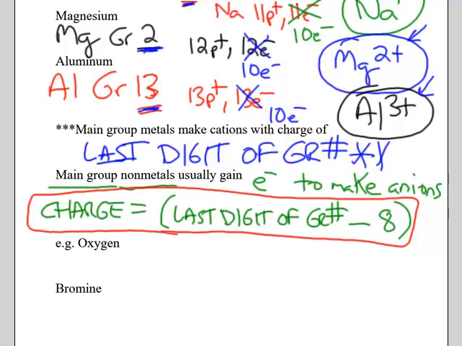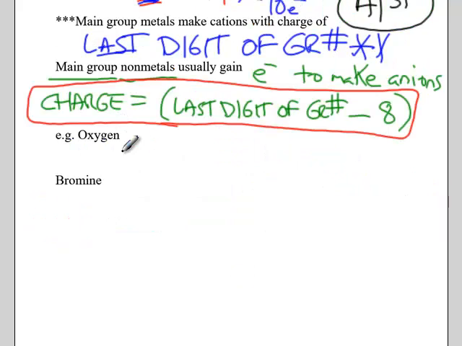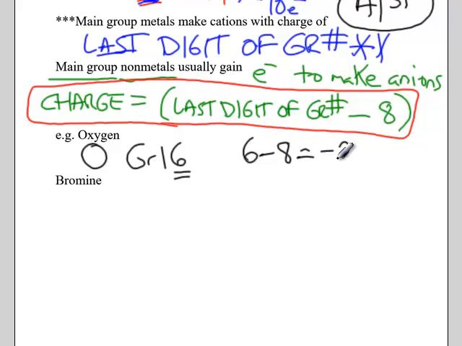But if we do a couple of examples with the main group nonmetals such as oxygen. Oxygen, capital O, is found on the periodic table. It's in group number 16. So we take the last digit of 16, that's a 6, subtract the magic number 8, and we get a -2.